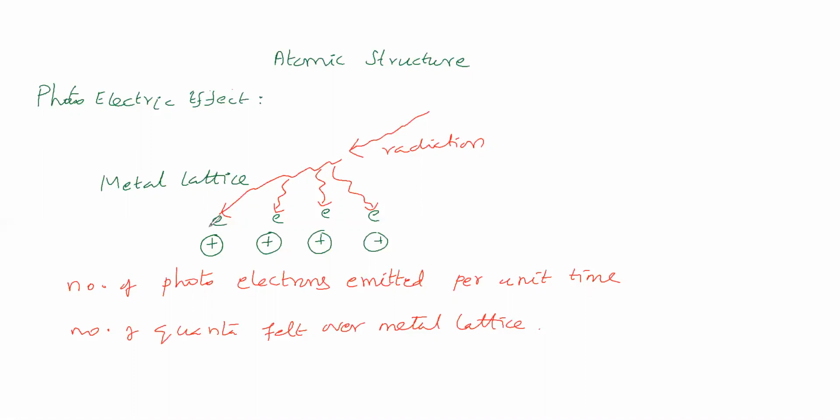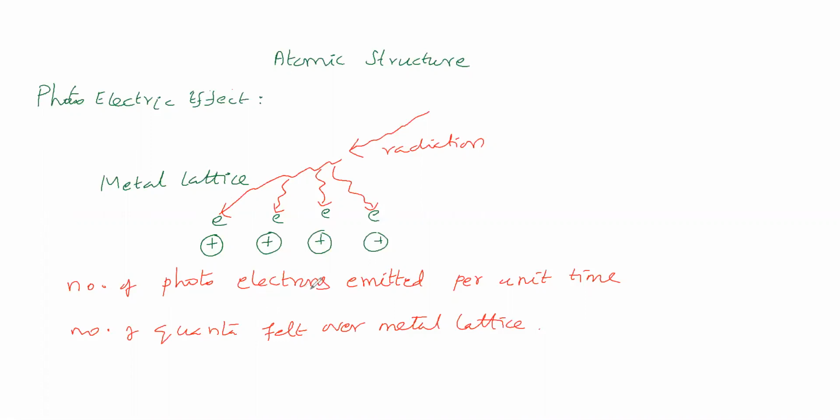If the quantum is not falling on the free electron, then it will not come out, isn't it? If the quantum is falling over the free electron, then only this free electron comes out. Correct?